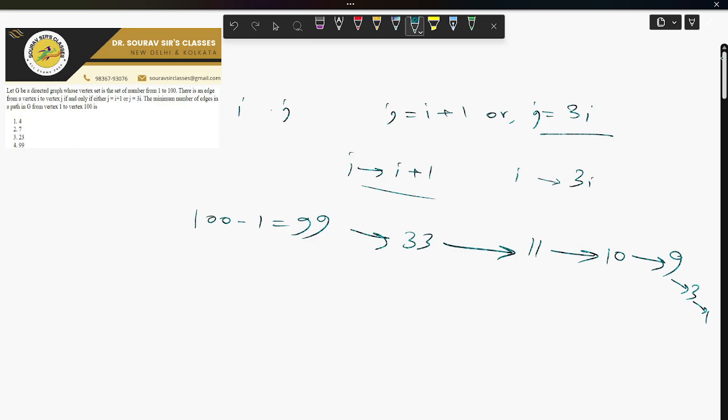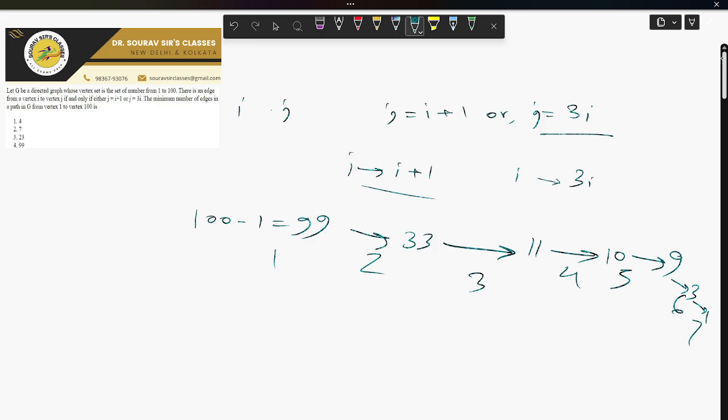Now we are going to count the number of edges. The number of edges will be 1, 2, 3, 4, 5, 6, 7. So this path consists of 7 edges. Now we are going to verify the minimum. No shorter path exists, because using only J equals I plus 1 would require 99 edges, while using J equals 3I strategically reduces the number of steps to 7.